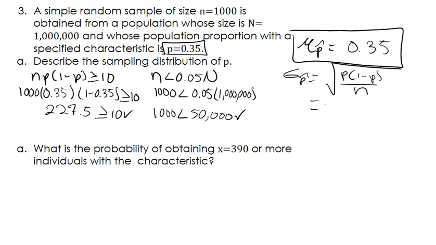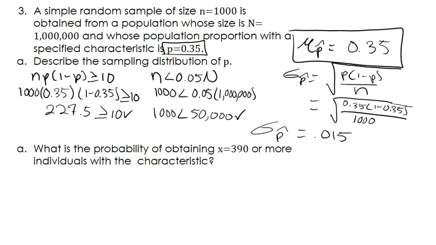So let's put in our numbers. And we are going to get a standard deviation of 0.015.